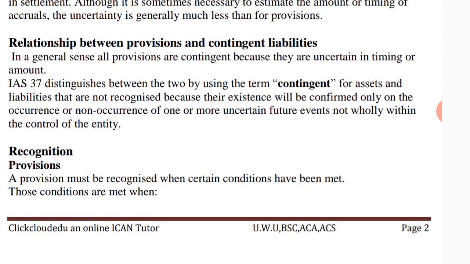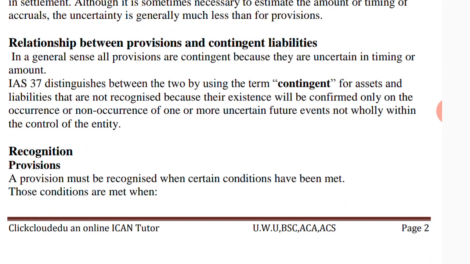The relationship between provisions and contingent liability. In a general sense, all provisions are contingent because they are uncertain in timing or amount. IAS 37 distinguishes between the two by using the term contingent for assets and liabilities that are not recognized because their existence will be confirmed only on the occurrence or non-occurrence of one or more uncertain future events, not only within the control of the entity.